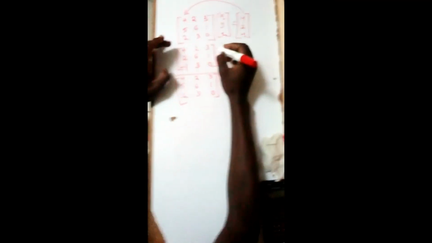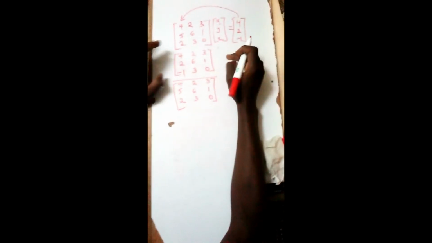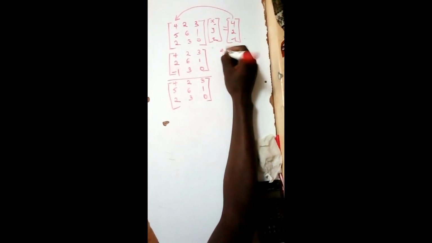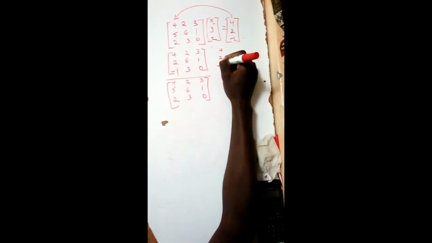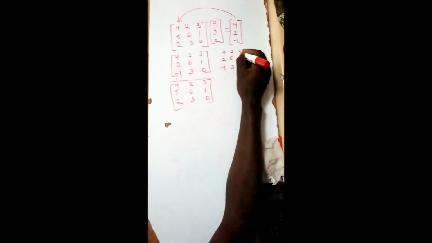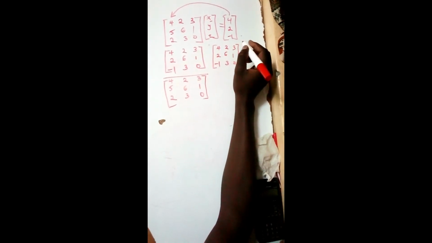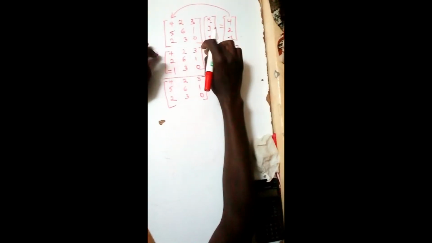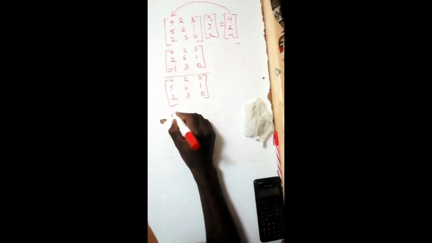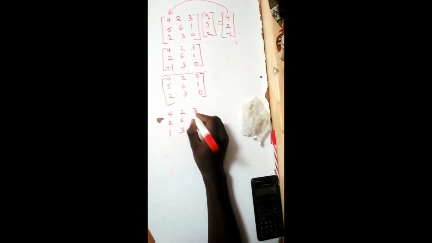So let's find the determinant of the numerator matrix using the easiest way. It is 4, 2, -1, 2, 6, 3, 3, 1, 0.